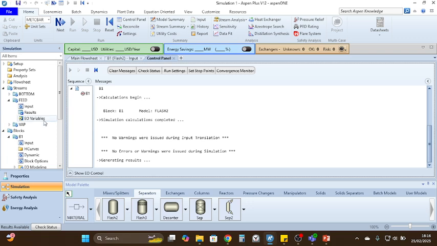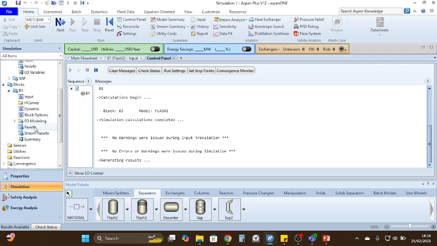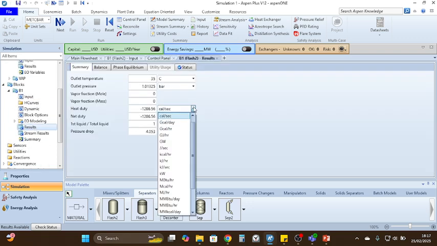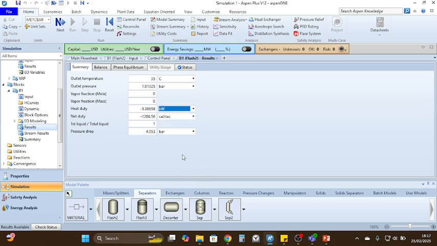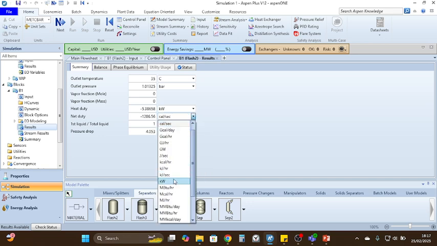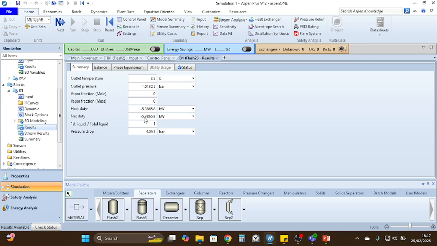The heat duty. So this is the heat duty that you are getting.